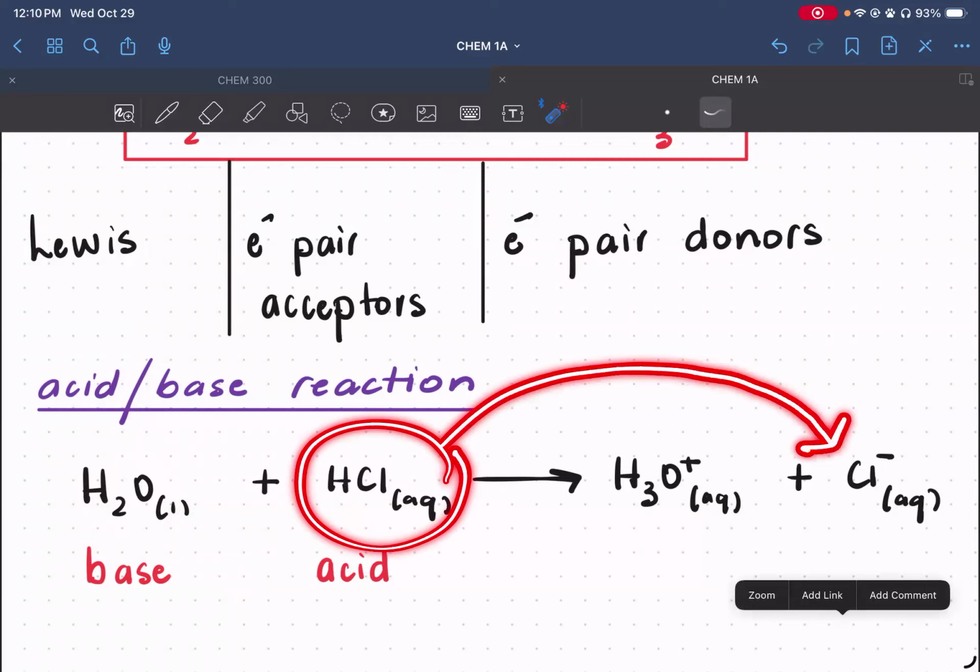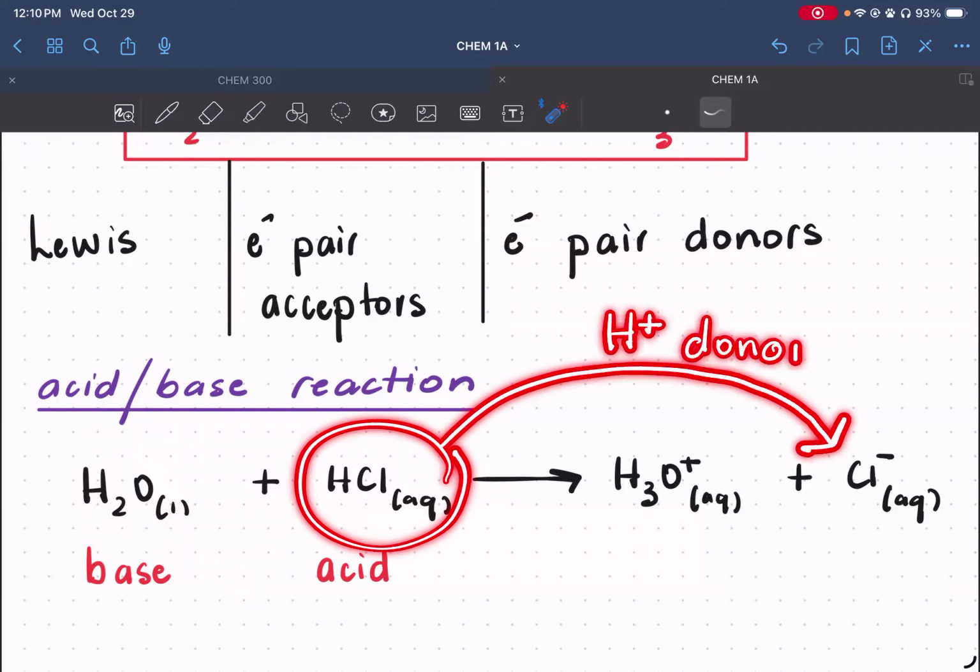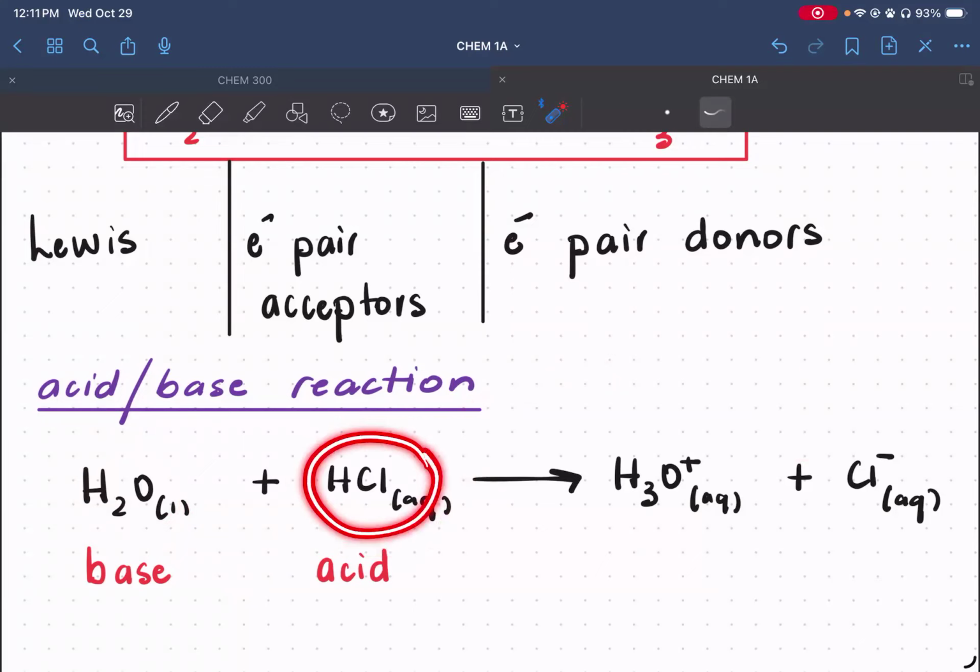Again, visually, what we can see here is that the HCl is donating a proton. You can even say it produces a proton, an H+. In other words, the acid donates its proton to the base that accepts it. So it is very much a symbiotic relationship. That hydrogen has to come from somewhere and it has to go somewhere.